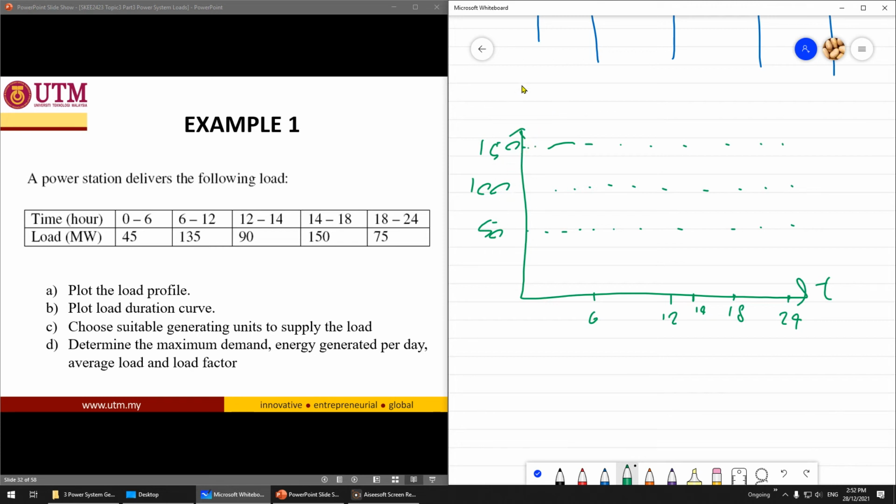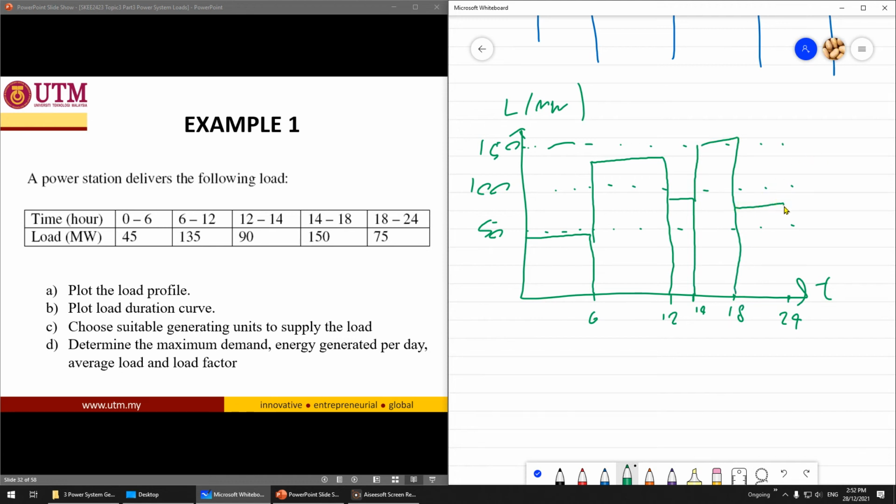So this is load, in megawatt. For the first 6 hours it is 45 around this time, and then this one is 135 around this location. For this case it's only 90 around here, and then you have 150 here, and then you have 75 around here.